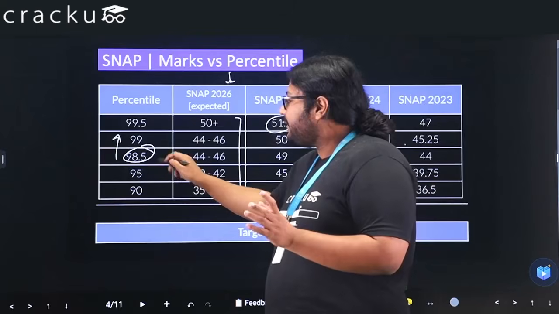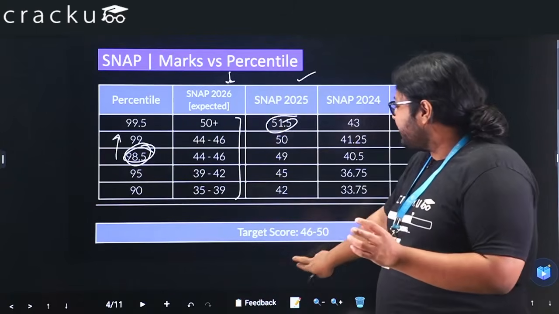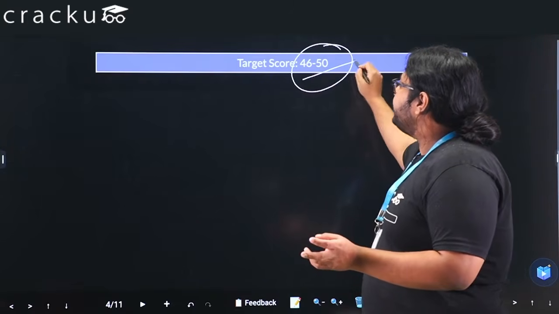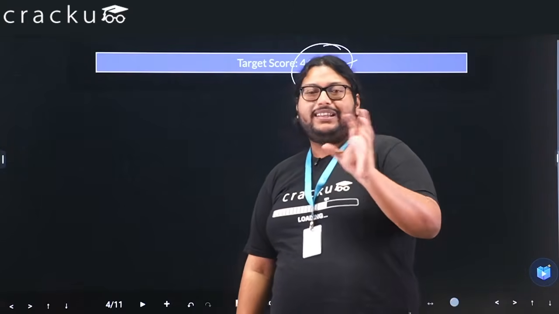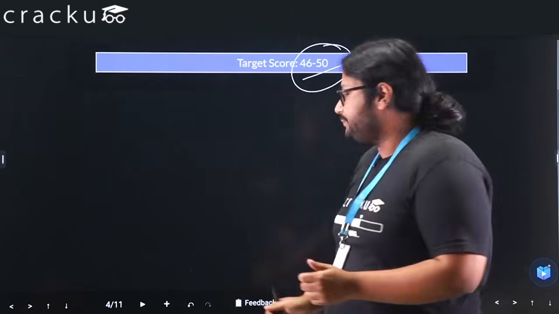So if you want to get into SIBM, 98.5 should be your target, which tells me that our target score should be somewhere around 46 to 50 if you want a 98.5 or a 99 percentile.